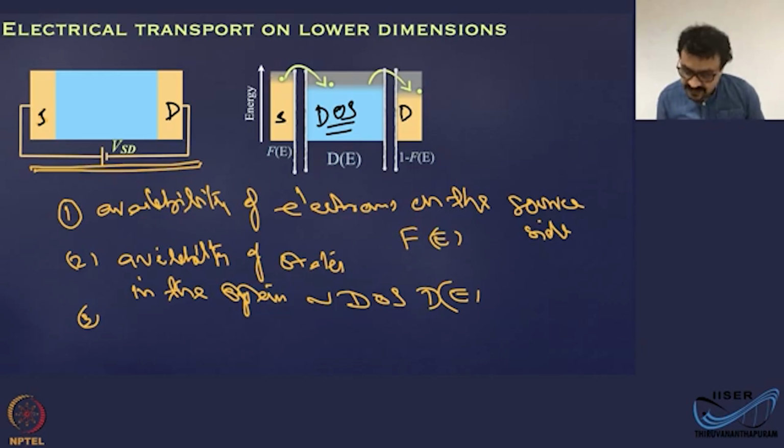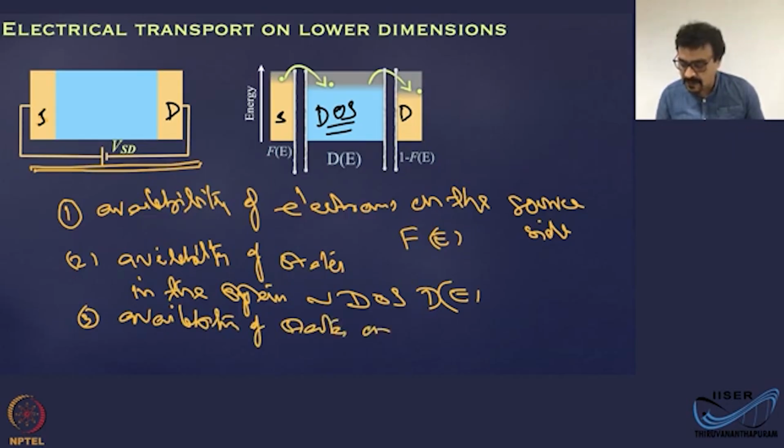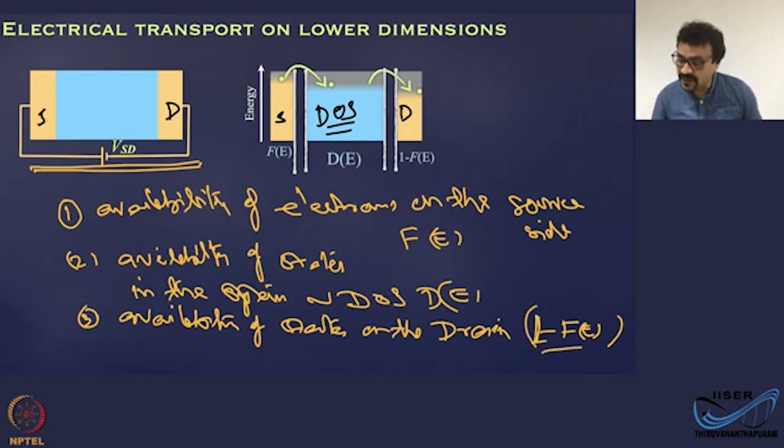So the third thing we are saying here is the availability of states on the drain, that is 1 minus f of E. Because f of E is the probability of a state being full, and 1 minus f of E is the probability that a state is empty.